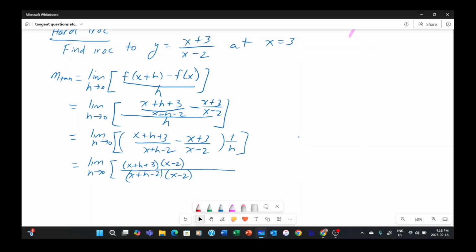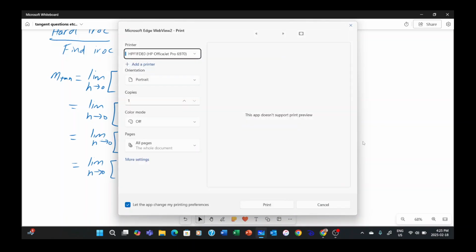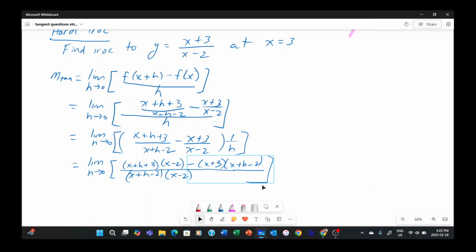And for the second term, we had an x plus 3 on the top, and we multiplied the bottom by x plus h minus 2. So that's what we're going to do on the top as well. And we can't forget there's a bracket here, and we need to put our 1 over h in there too.